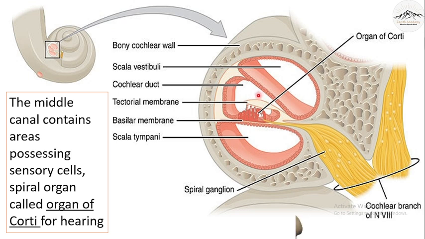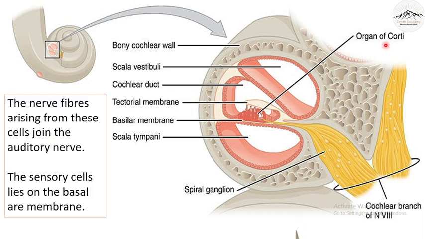So if they ask you which part of the ear helps you in hearing, that is nothing but the cochlea. In the cochlea, we have this spiral organ called the organ of Corti, which is the main center of your hearing. You can see the nerve fibers arising from these, this yellow colored.